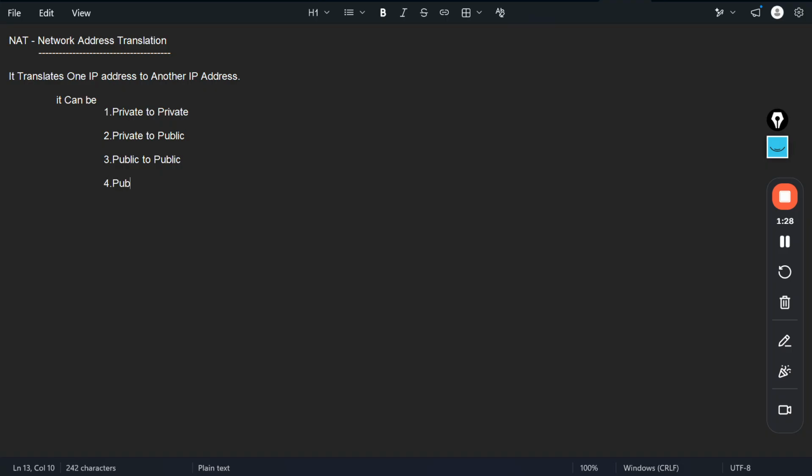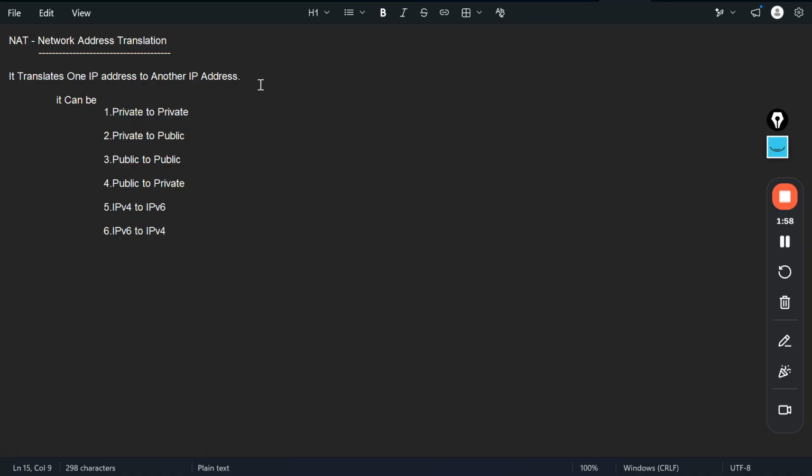It can be public to private translation. And also it can be IPv4 to IPv6 translation and IPv6 to IPv4 translation.